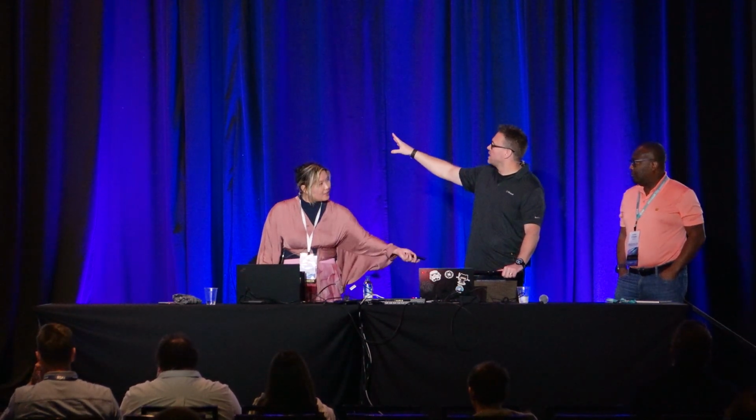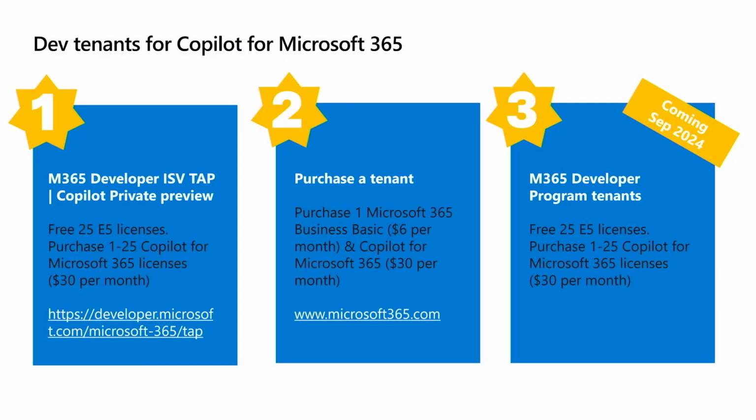On the right side here, you will see that we are making changes to those developer tenants, and we intend to have them get the bit flipped to allow you to purchase Copilot through those environments. That's tentatively scheduled for a little bit later this fall, the September time range. So keep that in mind if you're looking for a developer tenant to start playing with some of these things.